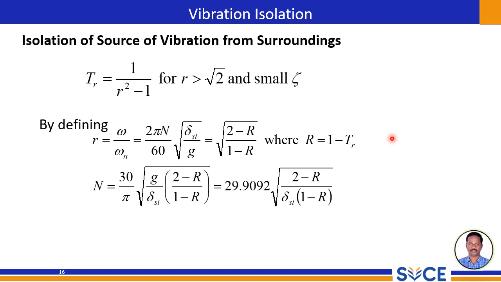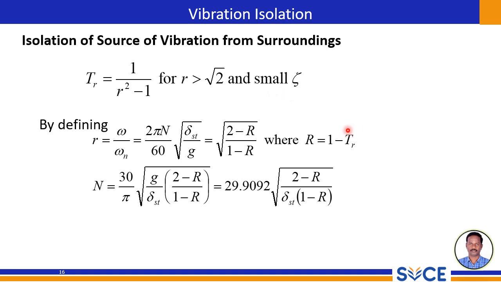First, let me see the first equation, which gives an approximation for the transmissibility, that is T_R is approximately equal to 1 divided by R squared minus 1, for R greater than square root of 2 and small zeta values. R is the frequency ratio and zeta is the damping ratio.